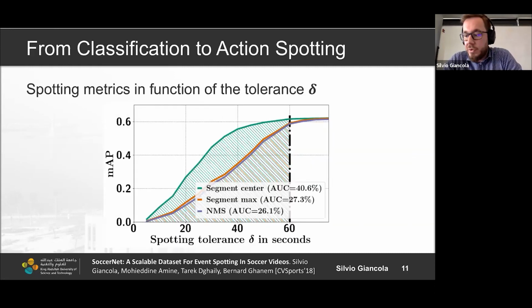We are all familiar with the metric that was introduced last week. With a window size of 1 minute, so this bar here, we were able to get multiple mean AP for different tolerance deltas. And the area under the curve represents the average mean AP that was introduced last week by Anthony.